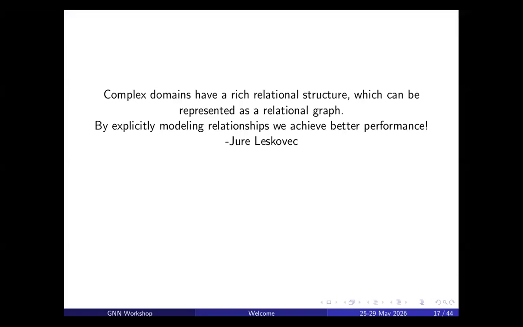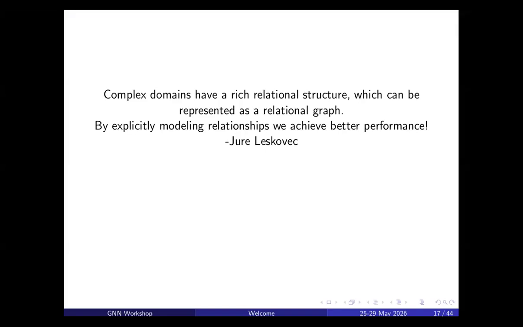Okay. So complex domains have richer relationship structure, which can be represented as a relational graph. By explicitly modeling relationships, we achieve better performance. So the question is how we can model these relationships. The solution is a graph, but we have very big data which we cannot analyze manually.